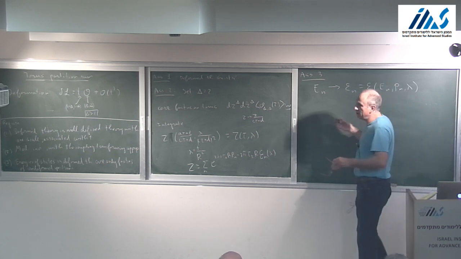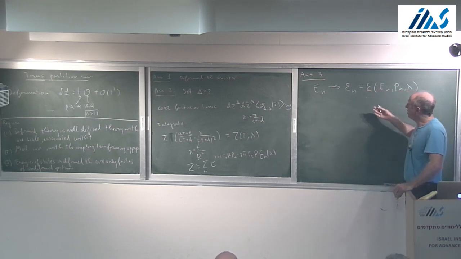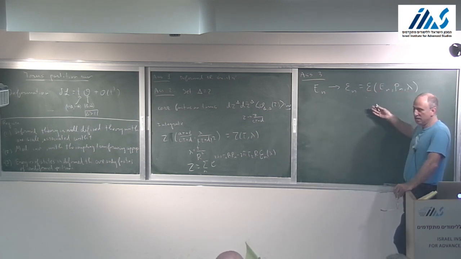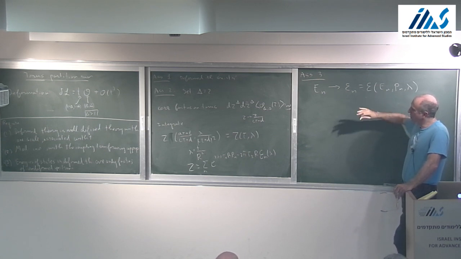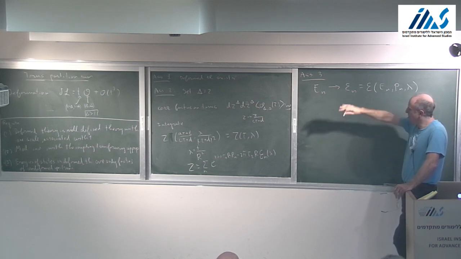So on some level, the question that I'm going to ask is twofold. One, are there any other theories out there that have this property? The answer will be no. And two, can I derive everything about the spectrum and the partition sum of the TT bar model just from these assumptions?